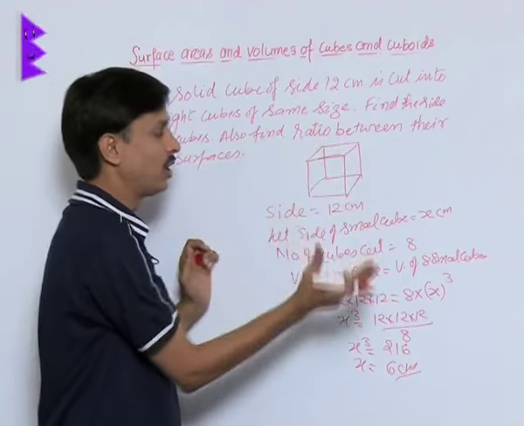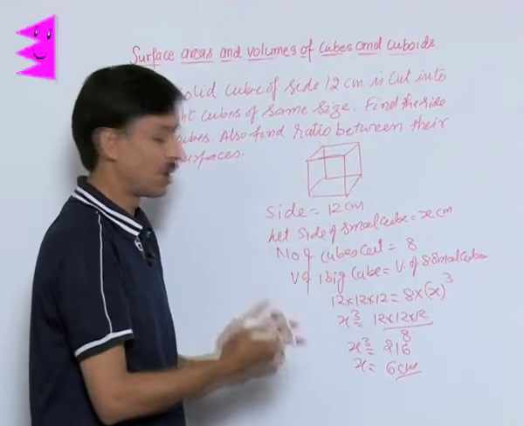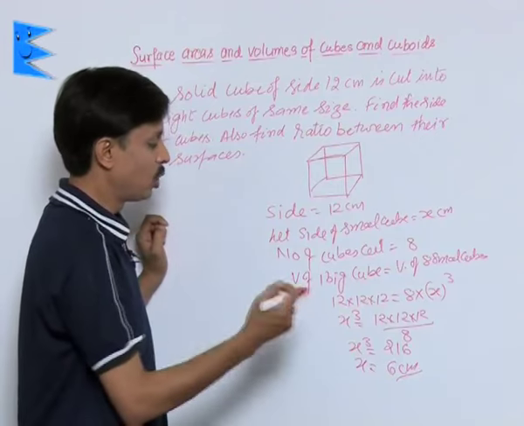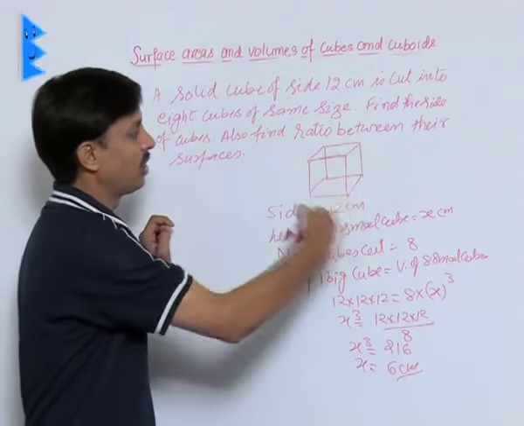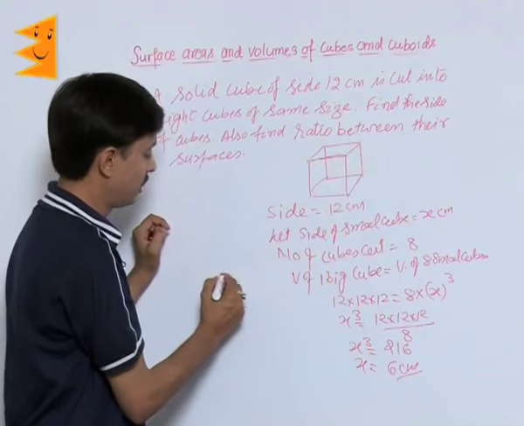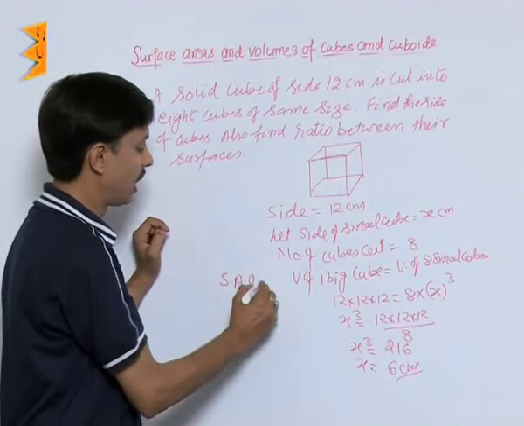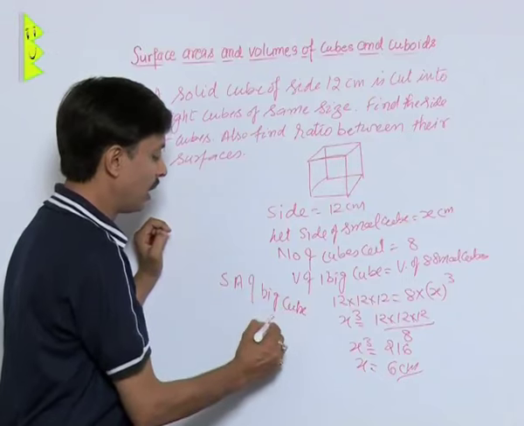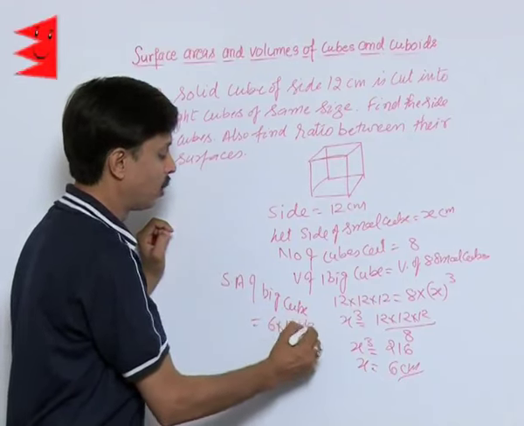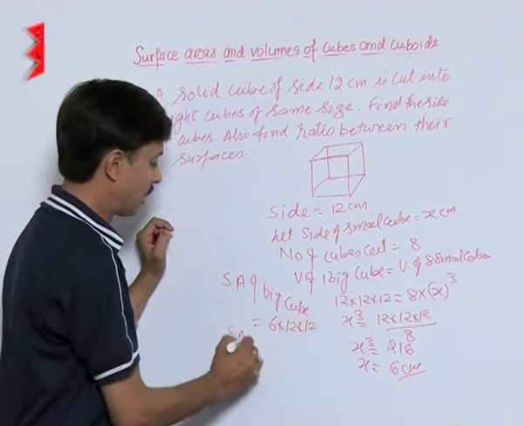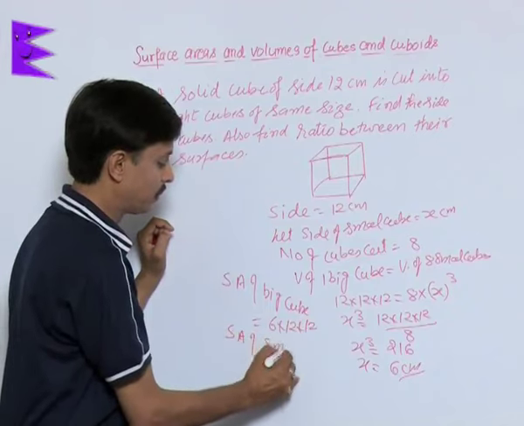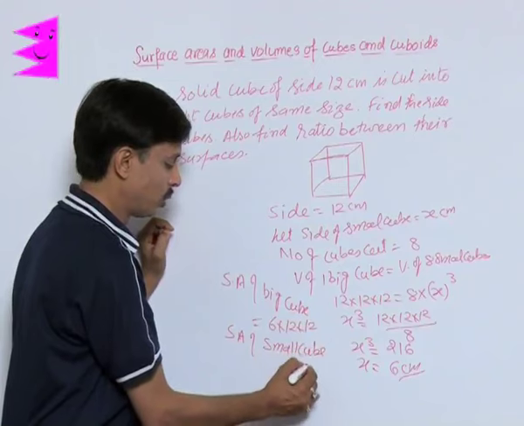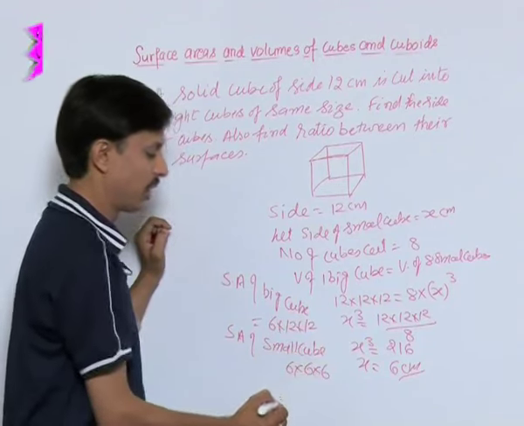Also find the ratio between their surface areas. How to find that ratio of surface area? Surface area of the big cube will be 6 into 12 into 12, and surface area of a small cube will be 6 into side square, where side is also 6.